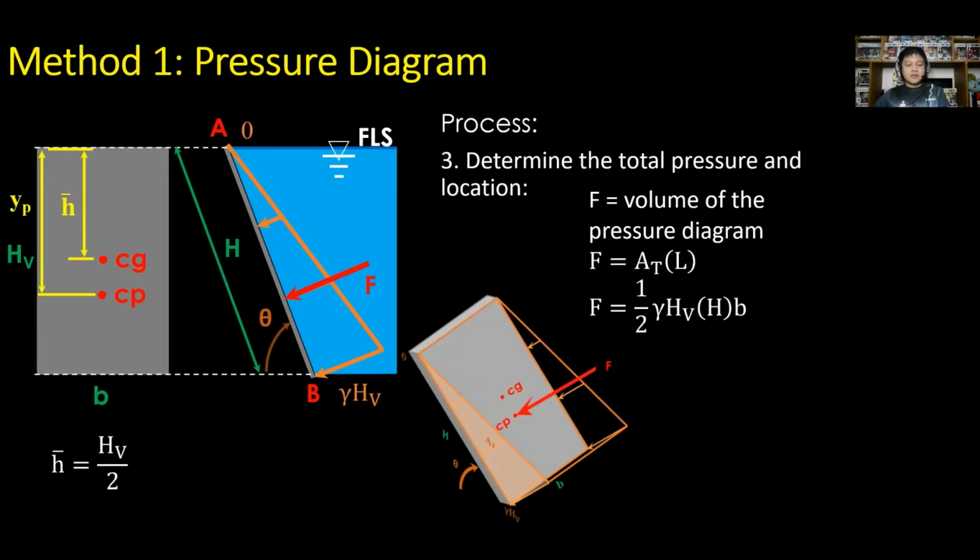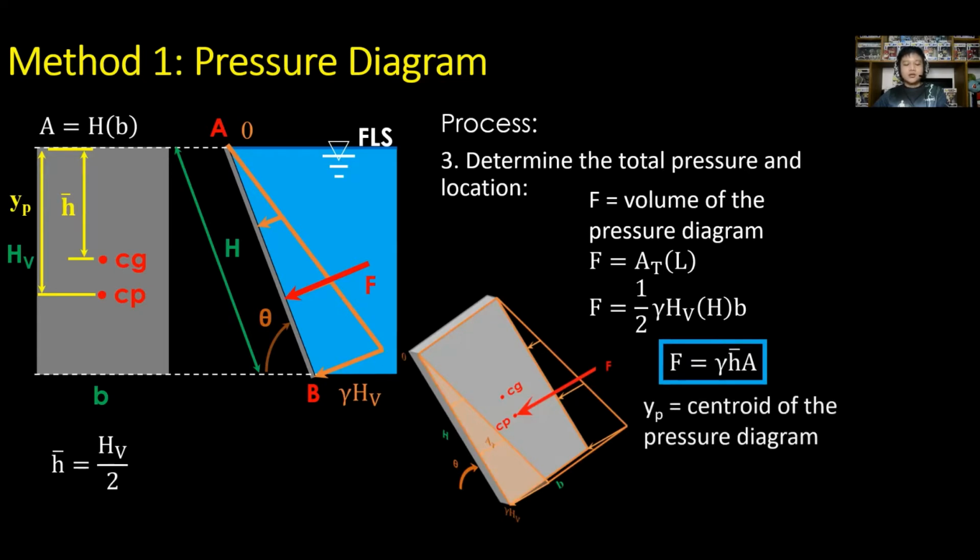And for this sample, H bar is equal to H sub V over 2. Then the actual area of the surface, that is H times B. Thus, simplifying the equation, we have F is equal to gamma times H bar times A.